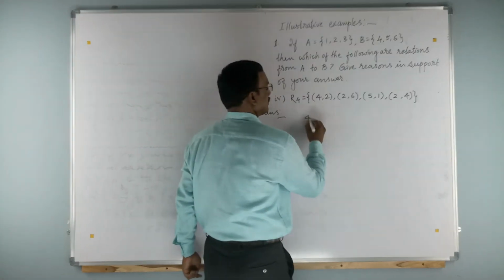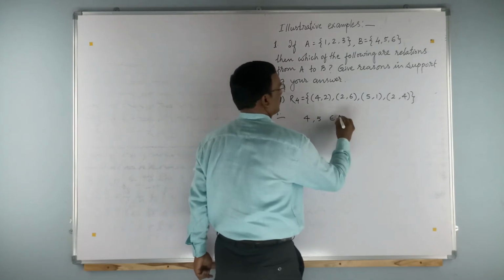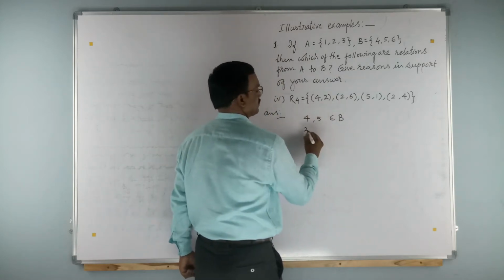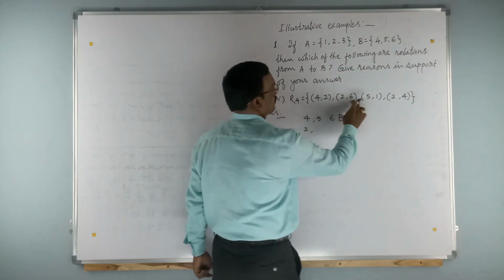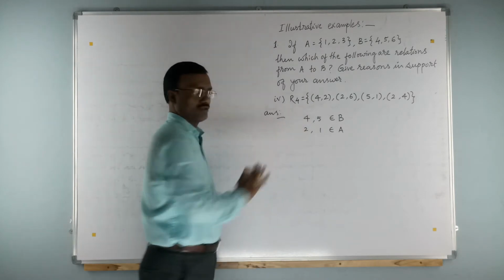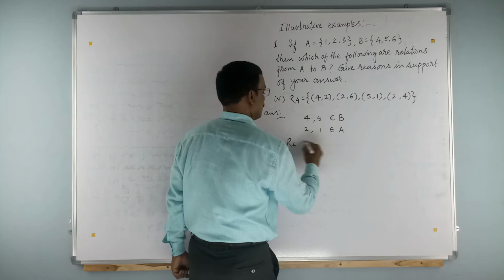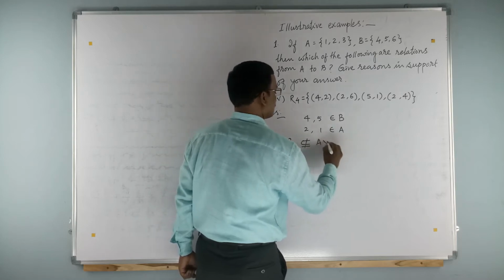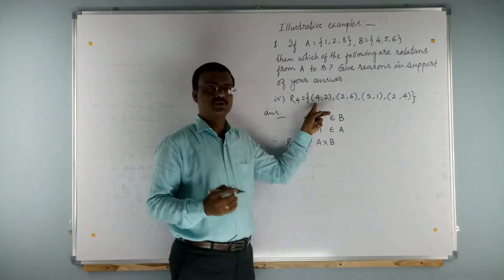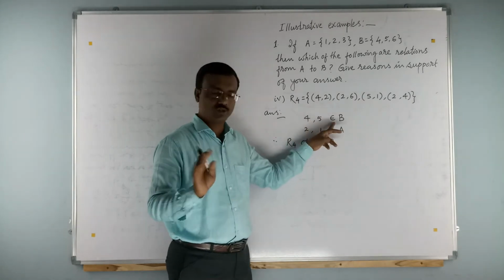So 4 comma 5 belong to B, and at the second place we have 2, 1 which belongs to A. This is a wrong thing here, and that's why R4 is not a subset of A cross B. Okay, first place elements should be from A, but here first place elements 4 and 5 are given from B. This is wrong.